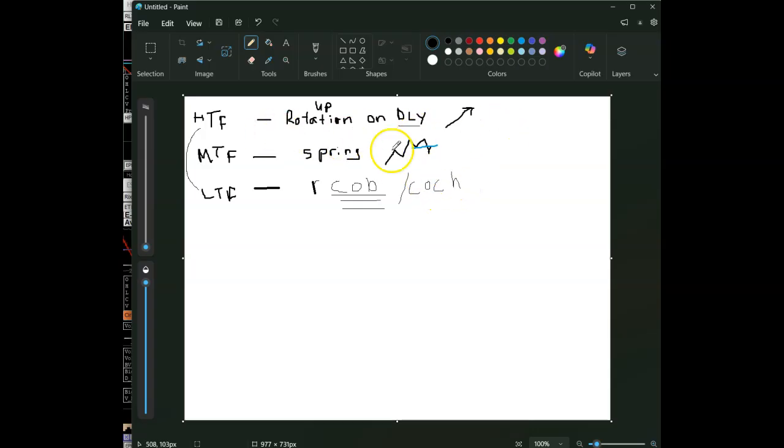High time frame up rotation, middle time frame breakdown, and lower time frame you have your change of behavior and change of character. So what are the 3 time frames? The high time frame would be a daily, the middle time frame would be an hourly, and a lower time frame can be a 3-minute. All right?